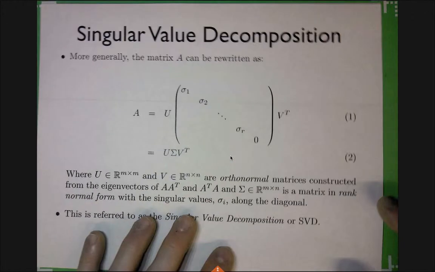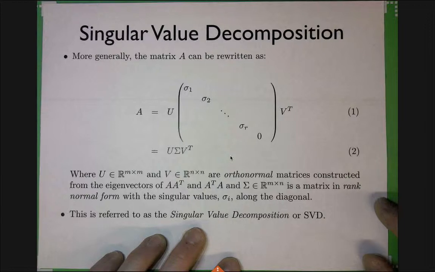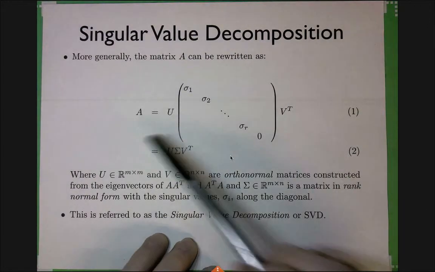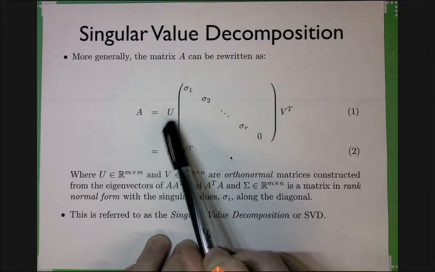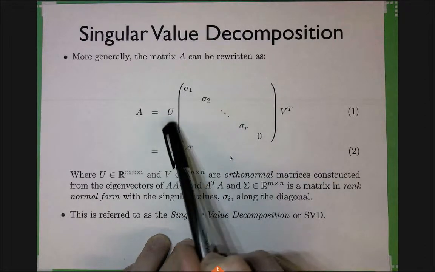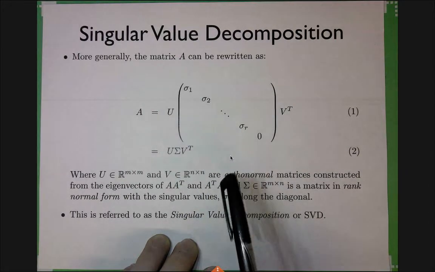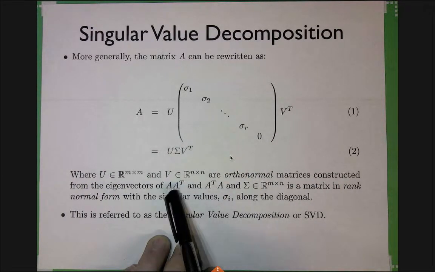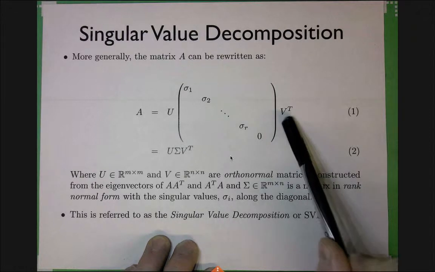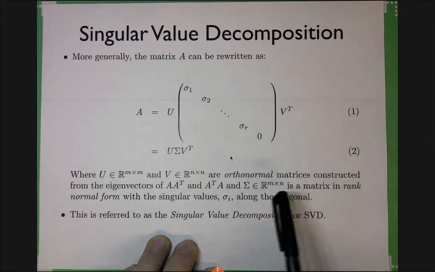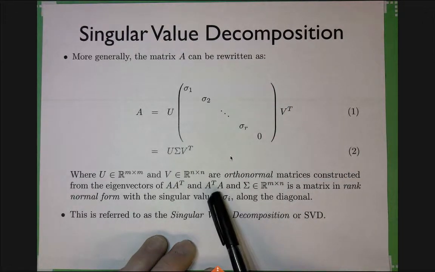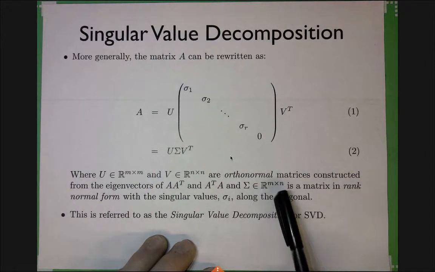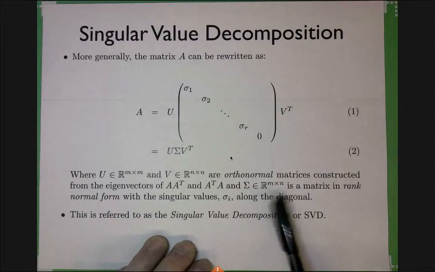So in general, and this is the full SVD decomposition, singular value decomposition, the matrix A can be rewritten like this, where U is the orthonormal matrix constructed from eigenvectors of AAT, V is the orthonormal matrix constructed from eigenvectors of ATA, and the sigma, this thing in the middle, that's the only rectangular matrix in the picture, is the m by n.